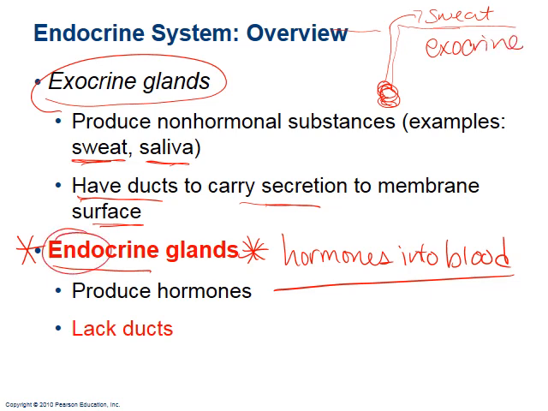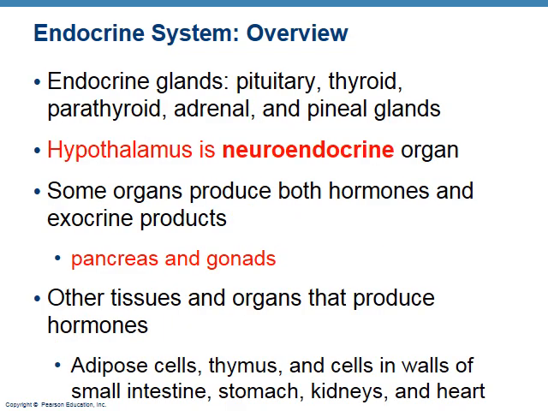Endocrine, it's staying inside. And then where's it going? It's going into the bloodstream. So they lack ducts and they produce hormones. That's the definition of endocrine. So endocrine glands: pituitary, thyroid, parathyroid, adrenal, and pineal glands. The hypothalamus is a neuroendocrine organ.